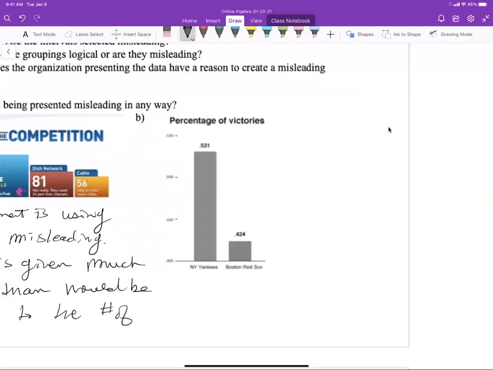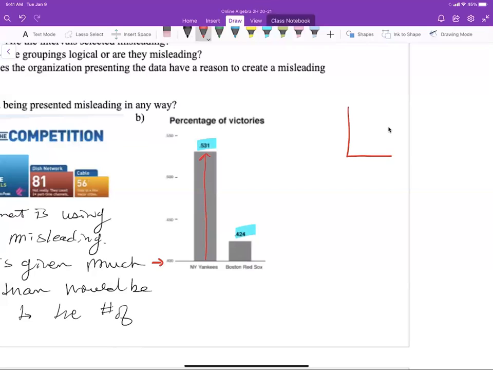This has to do with the percentage of victories of a baseball team, the New York Yankees and the Boston Red Sox. We see the New York Yankees have 53% and the Boston Red Sox have 42%. But what have they done? They have started the scale at 0.4, and that makes this bar look much larger than 0.42.